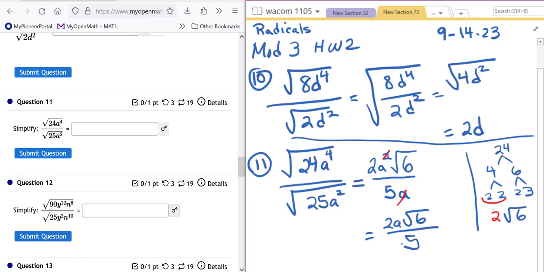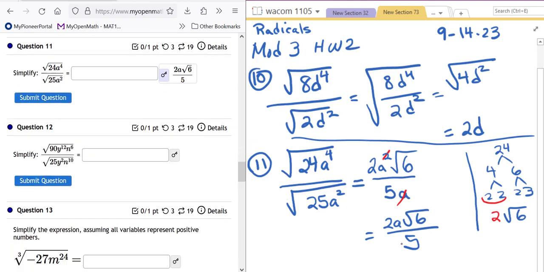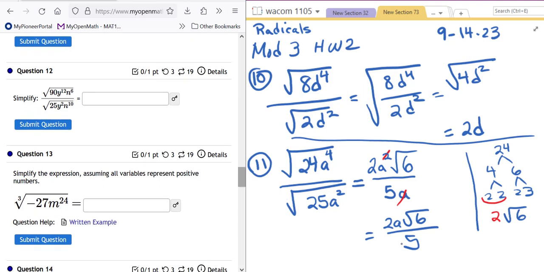But we had to approach it differently than we did the previous problem. All right. 12, I'm going to skip, but it's perfect powers in the denominator, so don't put them together. Just take your square root.